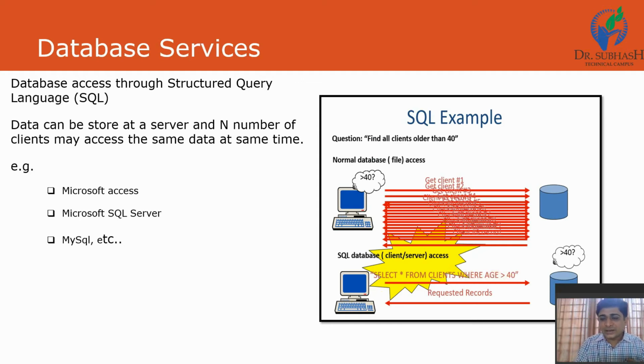So it will give me some results. Here the client gives a request to the server, the server uses the database application, the database application generates a response, and the response is passed back to the client. That is a simple process between client and server.